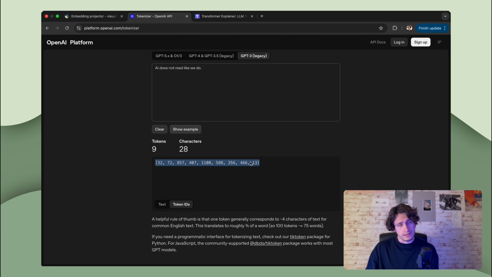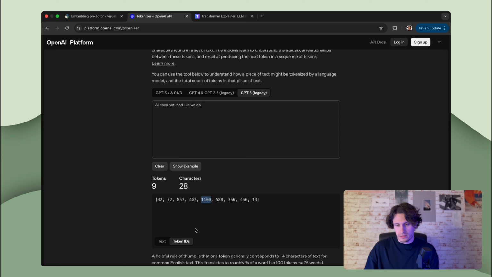But that's still not enough, because if I tell you that the token read has an ID of 1100, that number alone does not tell the model what read actually means and how it is used or how it relates to other tokens, like, for example, book or write.